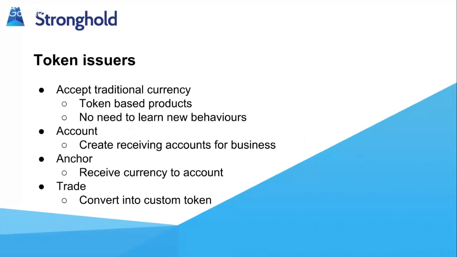Another space where we see some problems starting to come up is the token issuer space. So a lot of businesses have issued ICOs, and one of the use cases Stronghold does support is actually ICO sales in terms of the actual sale, because we can enable the trade and the receipt of, say, Bitcoin and Ethereum.